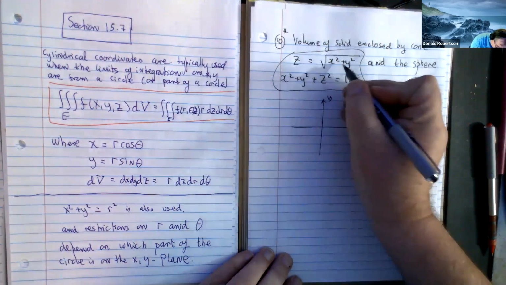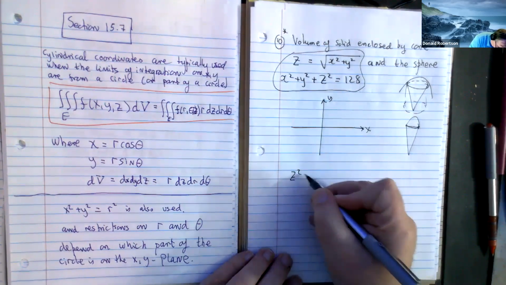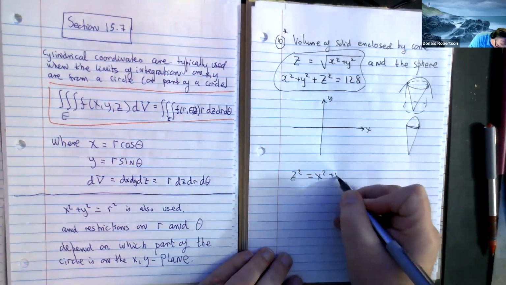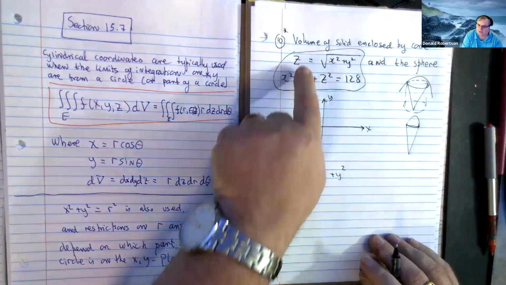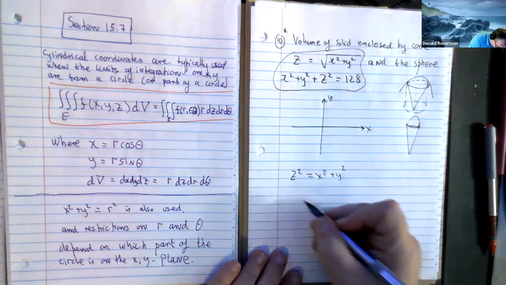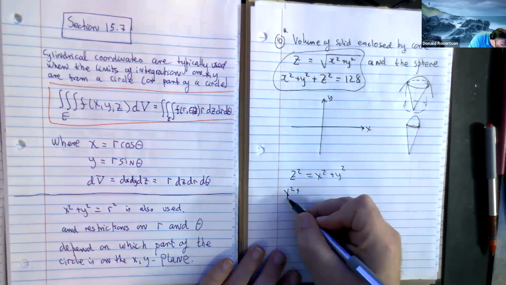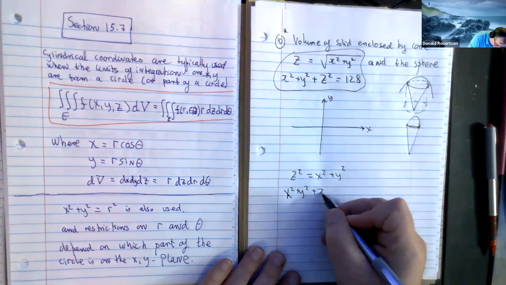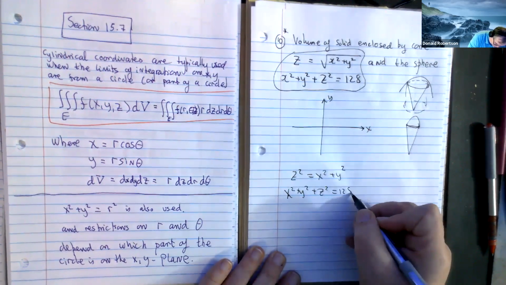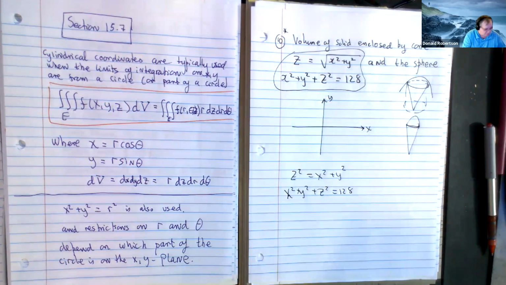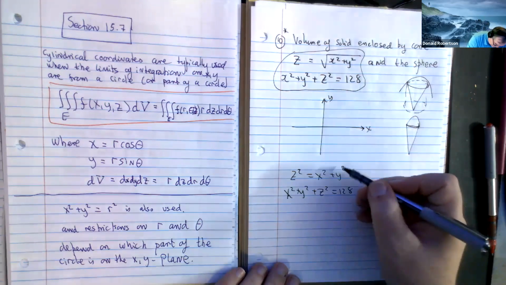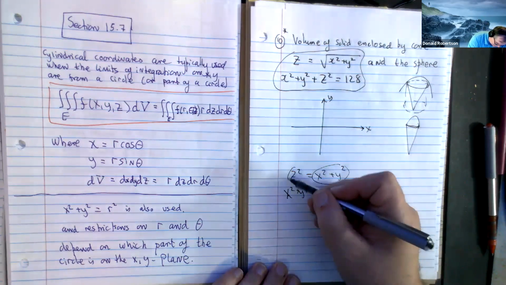Well, if z is equal to that, then won't z squared be x squared plus y squared, agreed? If you square both sides. And if I take the other equation, which is this fella, we get that. Are we good? Now, that guy can be z squared.